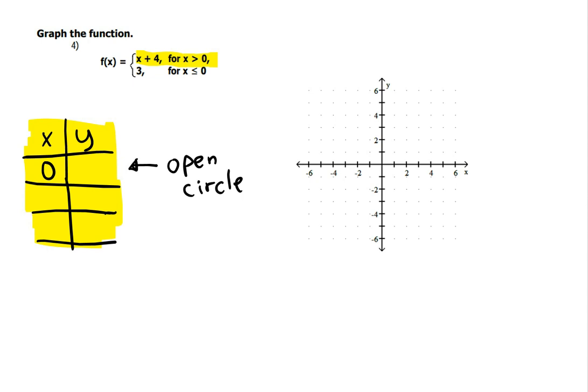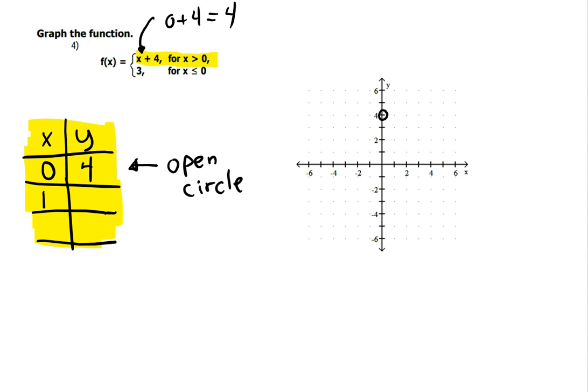So you'll go to 0, find the y coordinate, and if I stick 0 in here, 0 plus 4 will equal a 4. So 0, 4, I'm going to need an open circle. So I will put an open circle right there. And then I'm just going to pick a couple of points to the right.